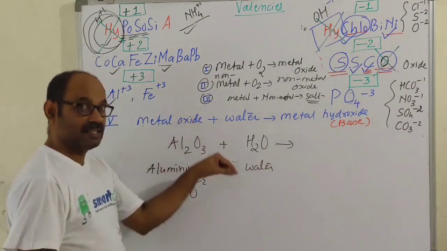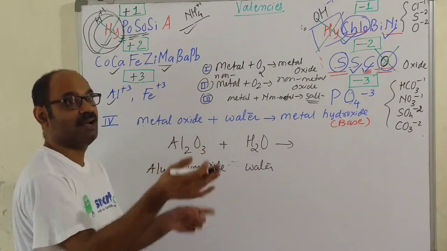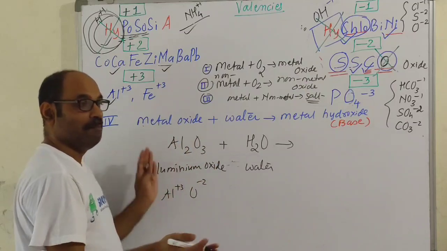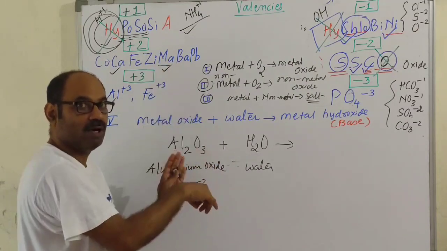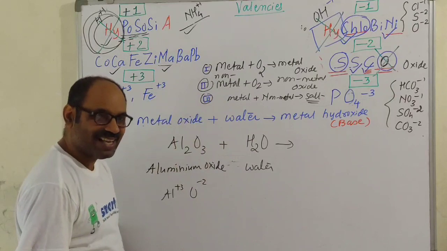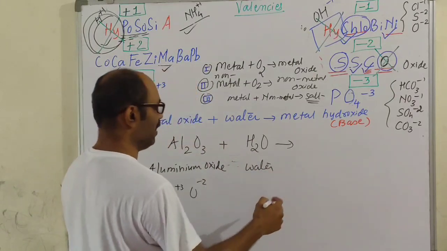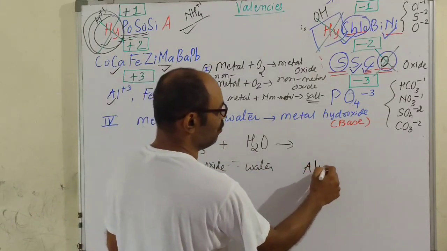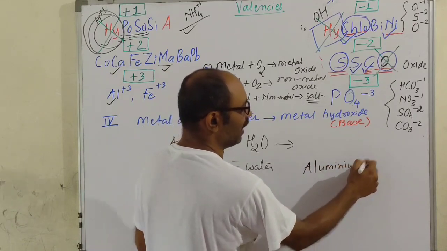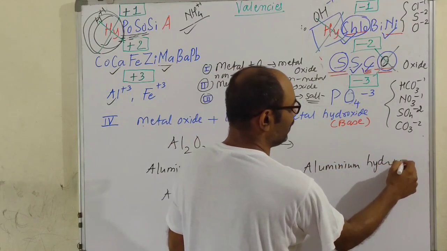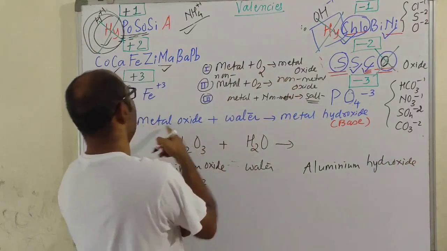When metal oxide is dissolved in water, you get metal hydroxide. Oxide turns into hydroxide. Which metal is present here? Aluminium, so aluminium hydroxide will be formed.